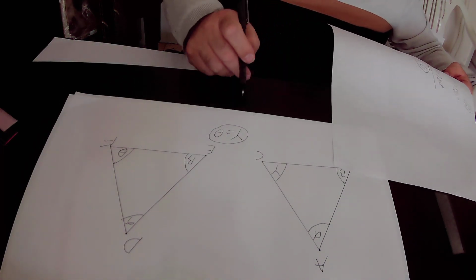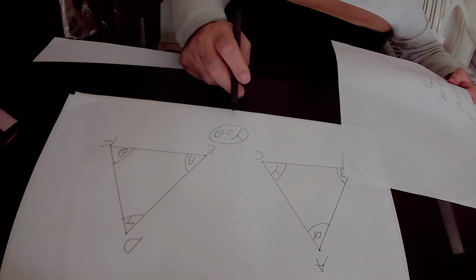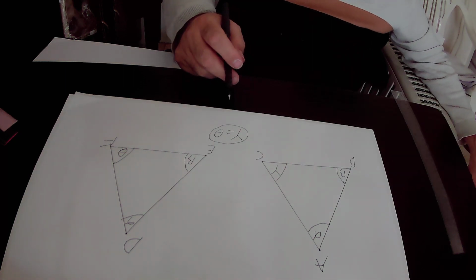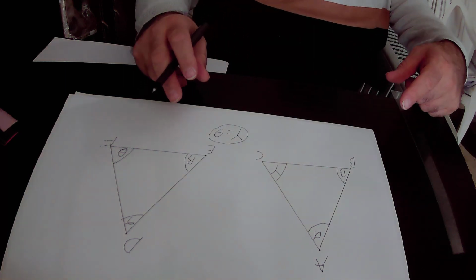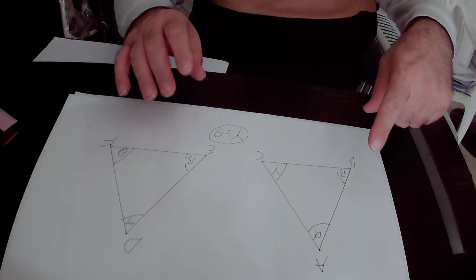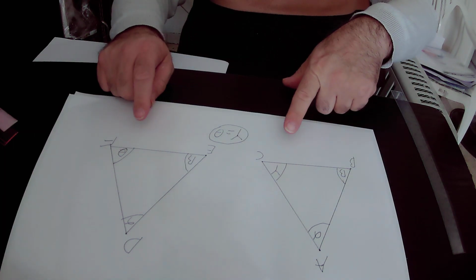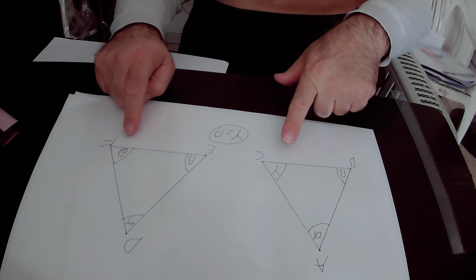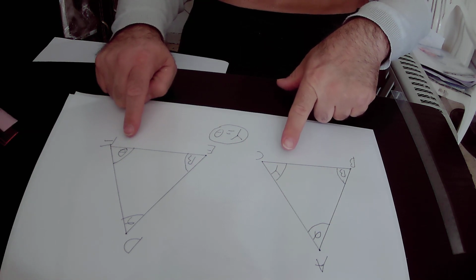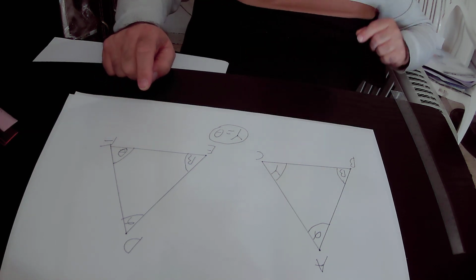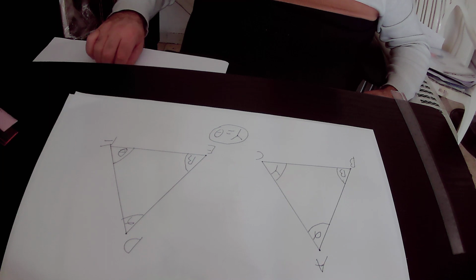Exactly what we wanted to prove. That is to say, if we have two triangles with two pairs of angles that are congruent, then the third pair of angles must also be congruent. Okay?